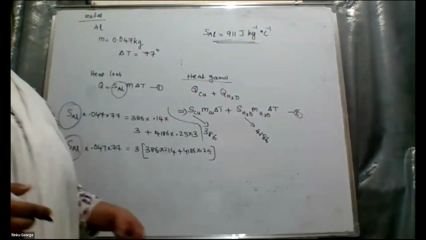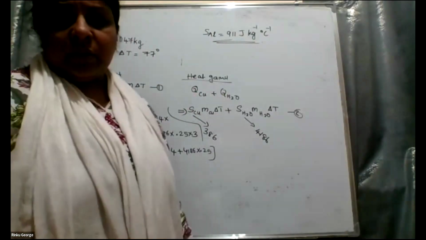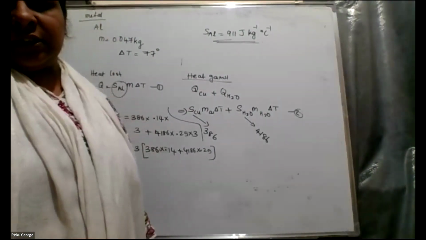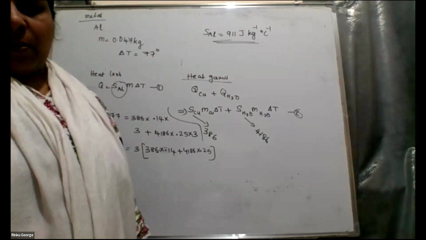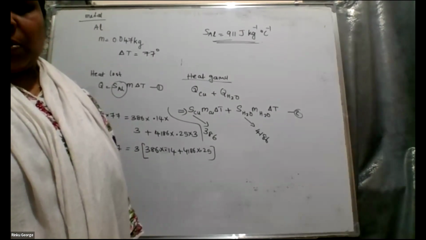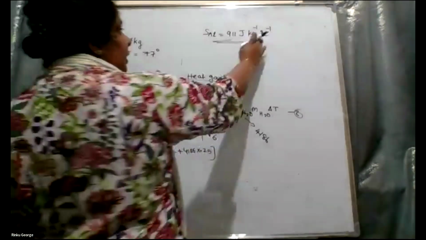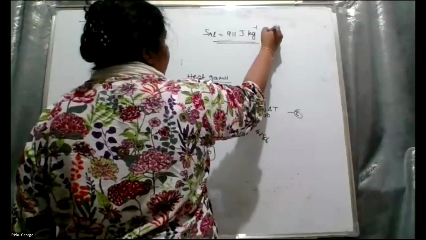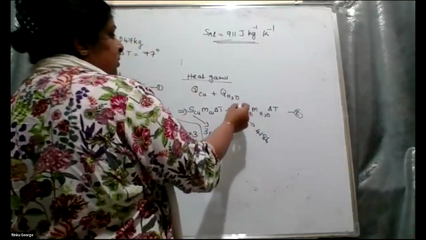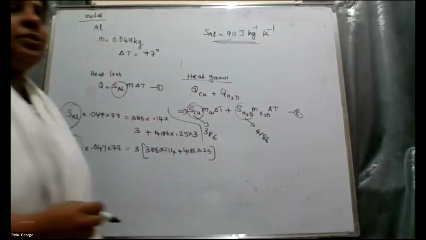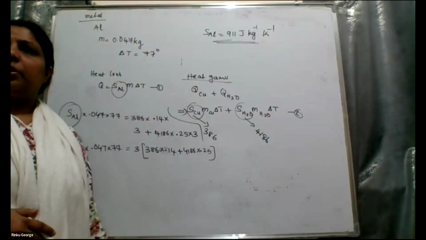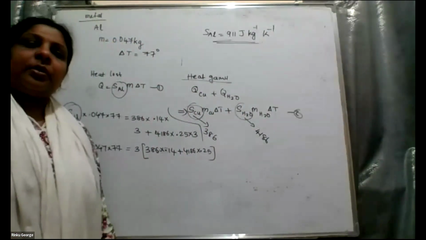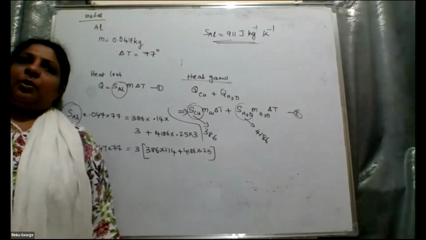This will be the answer you are getting. You will get it in Kelvin, okay? It will be in Kelvin raised to -1 because the specific heat is in Kelvin. Temperature you need not convert to Kelvin; you will get the answer like this. Got it, right? Okay, so this is about the calorimeter problem.